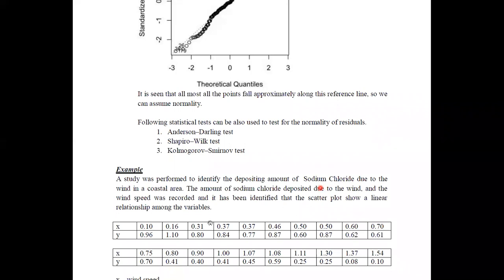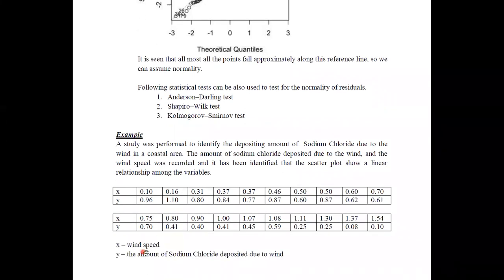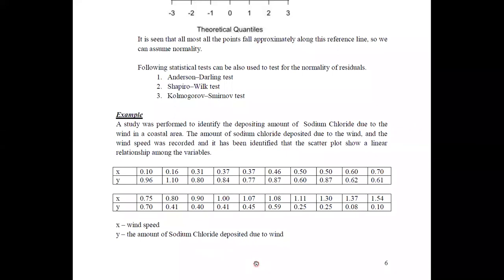So our x variable is the wind speed, and the y variable is the amount of sodium chloride deposited due to the wind. There may be sodium chloride deposited due to other conditions, but here we are just going to observe the amount deposited due to the wind, because they have done this study in a coastal area.